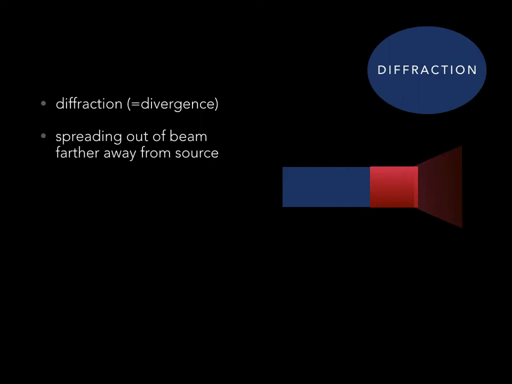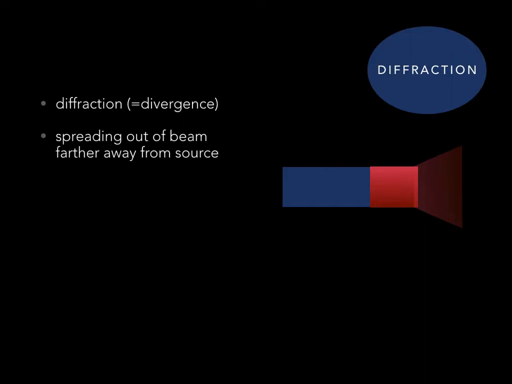Another factor causing attenuation of the ultrasound beam is diffraction. Diffraction refers to the divergence or spreading out of the ultrasound beam as it moves farther away from the sound source. The intensity is less as the same power is spread out over a larger area.